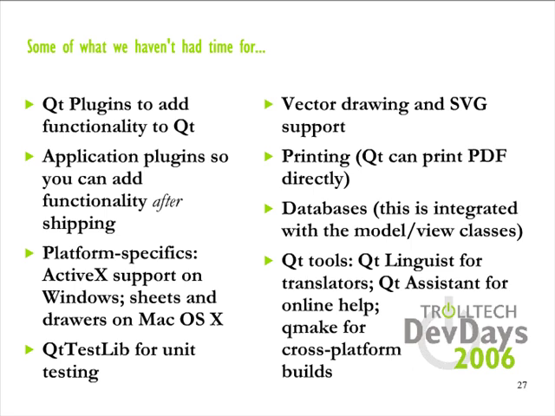The other thing that I mentioned at the beginning was that Qt is not only an application development framework, it also comes with a set of tools. QtLinguist, which Matthias seems to have mixed feelings about, is still, I think, a very nice tool, and it's to support translators.